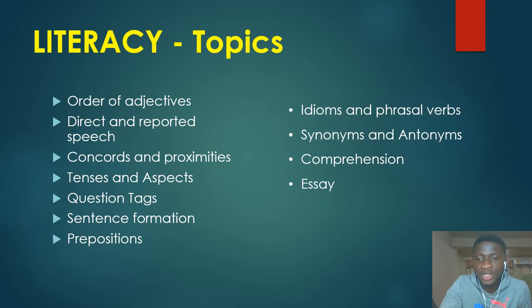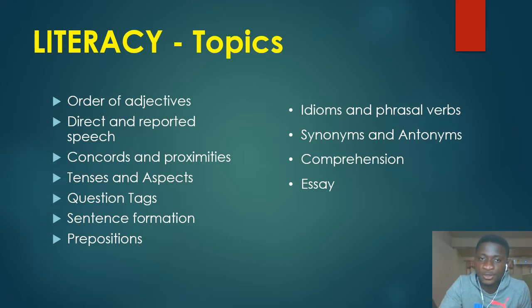Under literacy, you'll be looking at order of adjectives. Not necessarily adjectives in general, but especially the order of adjectives. We'll be looking at direct and reported speech.